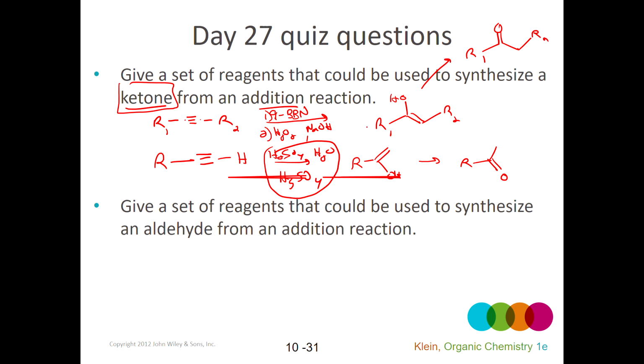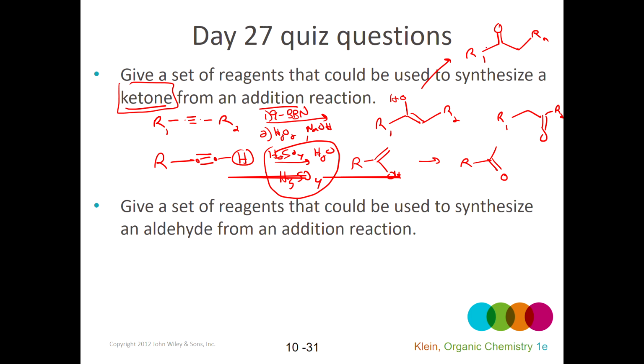Or I could also get the CO double bond forming on the other carbon. If I have an internal alkyne, there's no way for these reagents to differentiate between which carbon the oxygen adds to and which carbon the hydrogen adds to, because there's no Markovnikov situation unless one of the carbons has more hydrogens to begin with than the other.